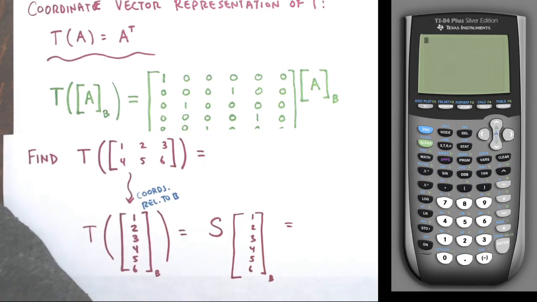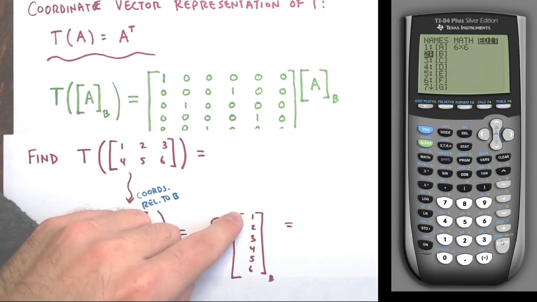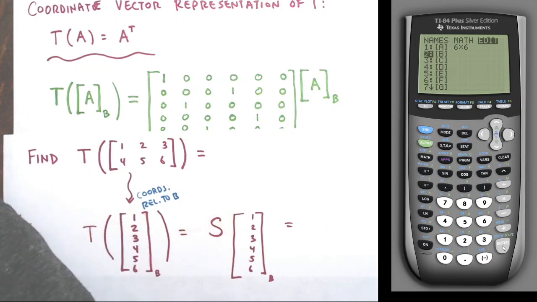All right, so I'm going to go back here, back to the matrix menu, and enter a new matrix. I'll call it B. I'll go down to B here, and this is a 6 by 1. I'm going to enter this 6 by 1 column vector.